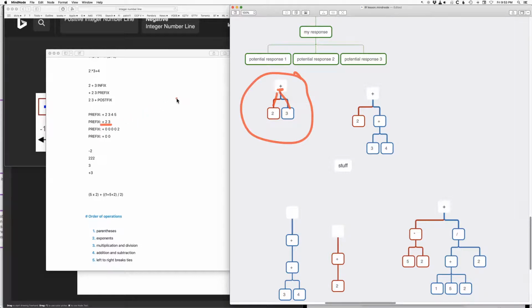Infix doesn't even work in trees because it's not as good of a system, basically. But you can make trees with postfix, but we're not going to worry about them.